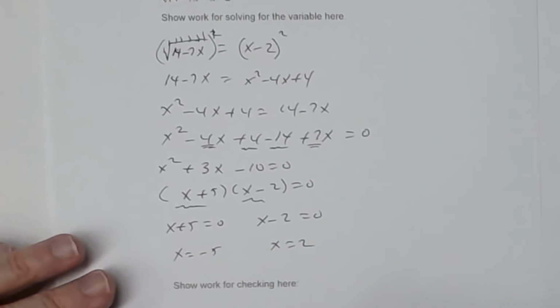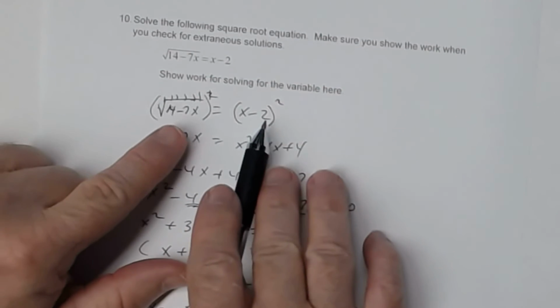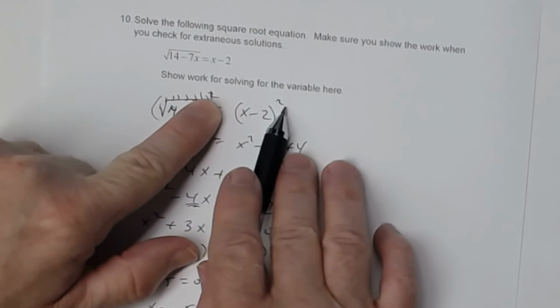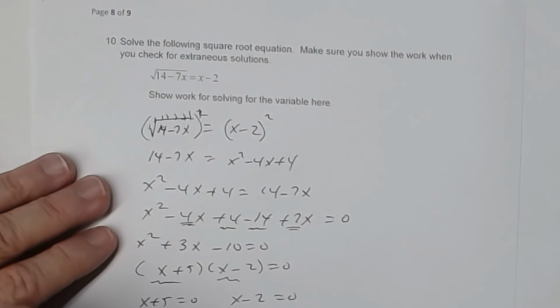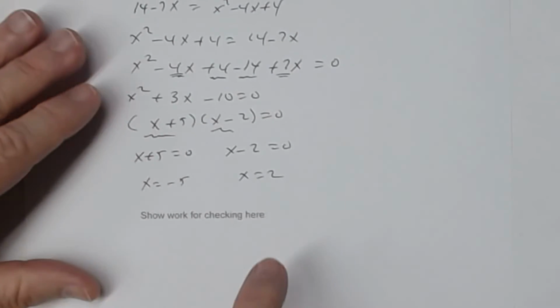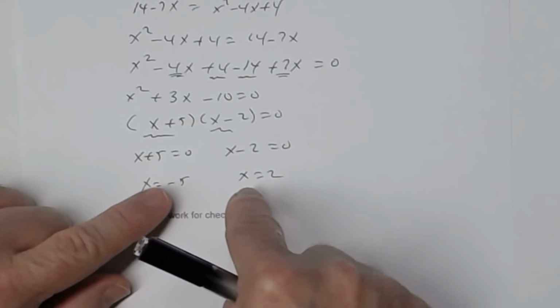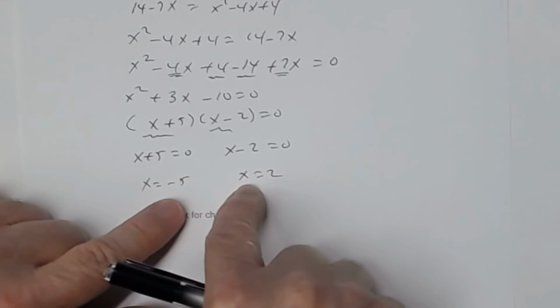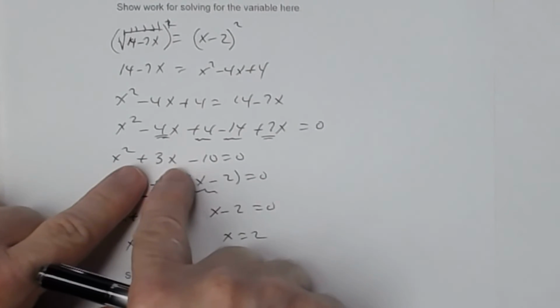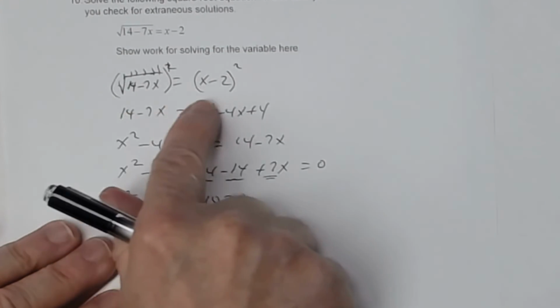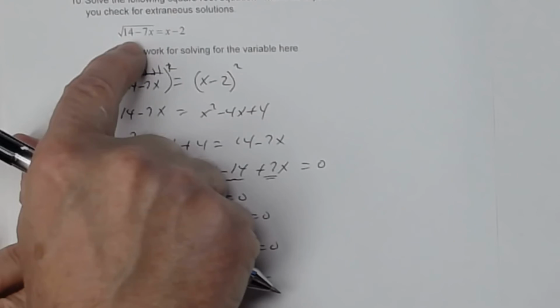Now, one of the things you have to remember is that when you raise both sides to an even power, you could introduce extraneous solutions. So there's false solutions, meaning that these two proposed solutions that you see here, those are solutions to this quadratic, but they may not be solutions to the original.